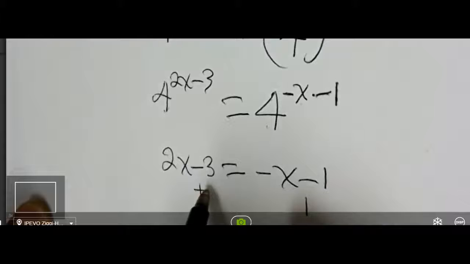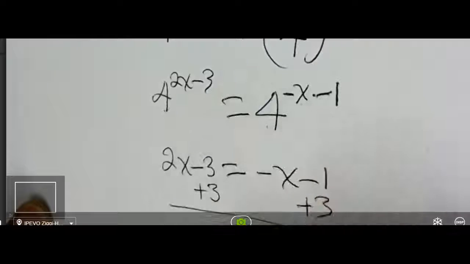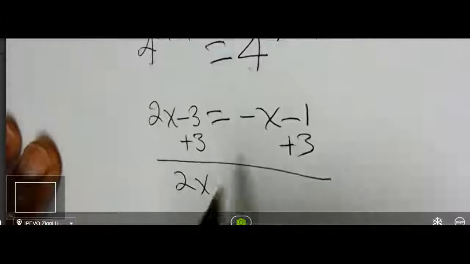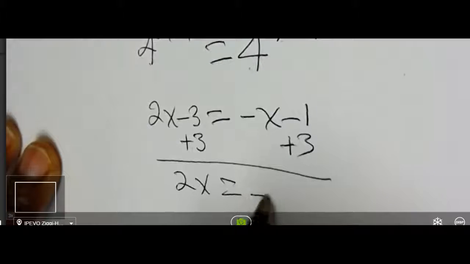We can add 3 to both sides. This becomes 0. So 2x is equal to negative x plus 2.